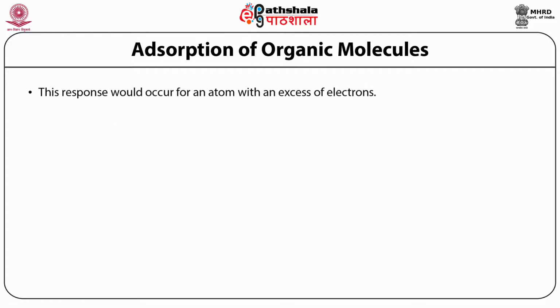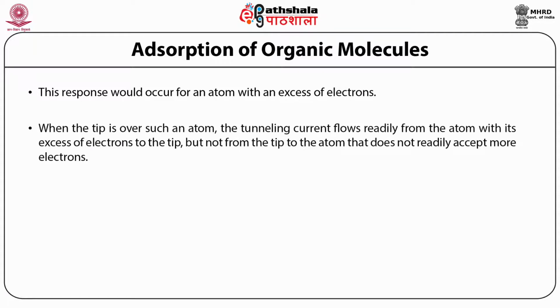The response would occur for an atom with an excess of electrons. When the tip is over such an atom, the tunneling current flows readily from the atom with the excess of electrons to the tip, but not from the tip to the atom, which does not readily accept more electrons.